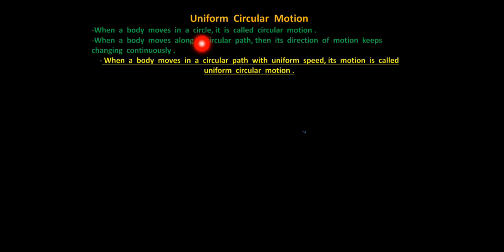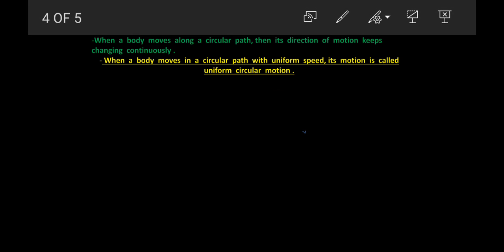When a body moves in a circle, it is called circular motion. When a body moves along a circular path, its direction of motion keeps changing continuously. In uniform circular motion, the speed is constant, but at each and every point it is changing direction. That's why it is accelerated motion.